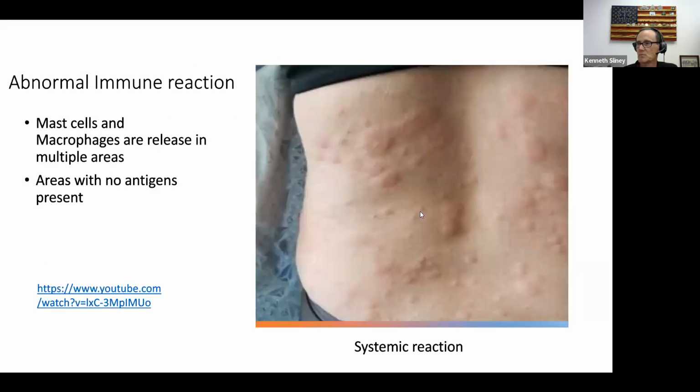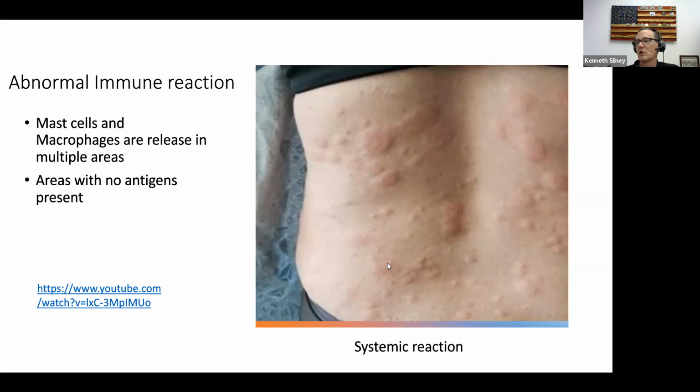So, what is this? This is an abnormal reaction. These are hives. What is going on here is mast cells and macrophages are going not just to the specific site, but for some reason, and we'll talk about this when you do pathophysiology, they're releasing in multiple areas.